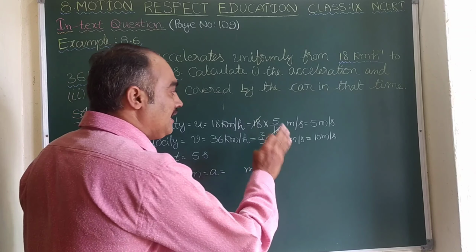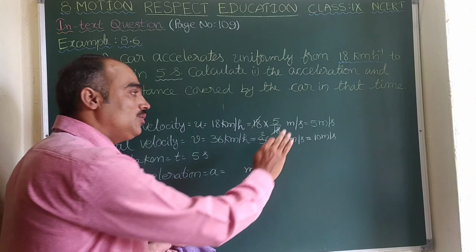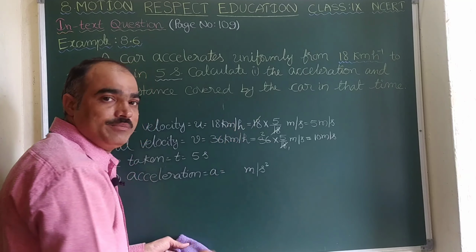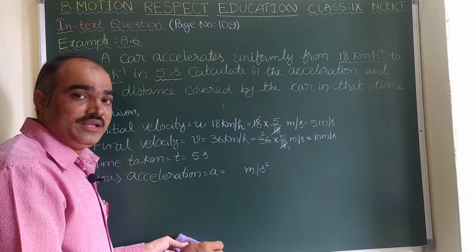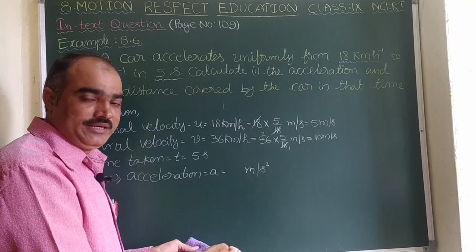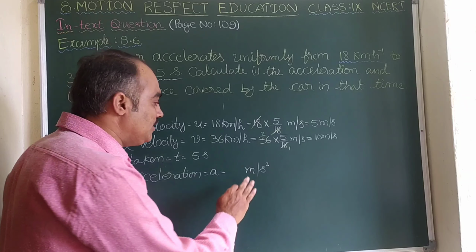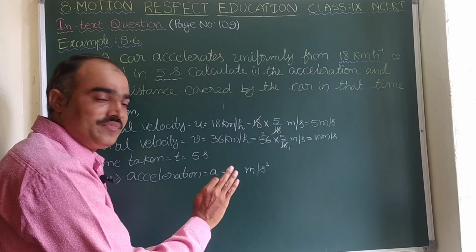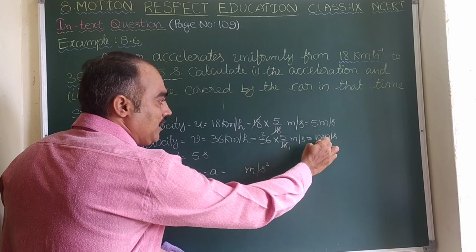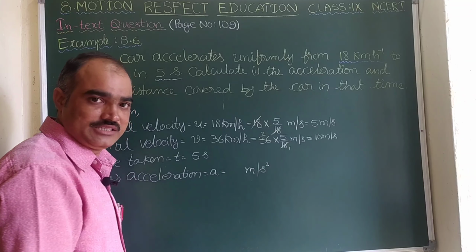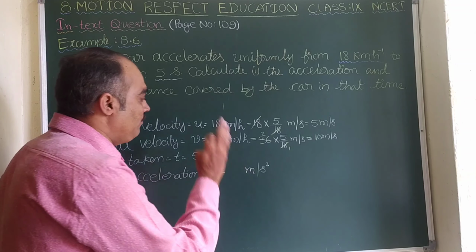In the earlier video I have told you how these units can be converted into meter per second square. So without repeating, I suggest you please watch those videos to get a clear idea about meter per second and especially how we get acceleration in meter per second square. Now we will continue with this.